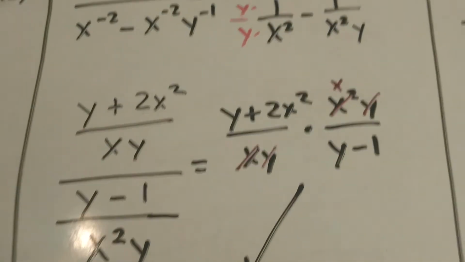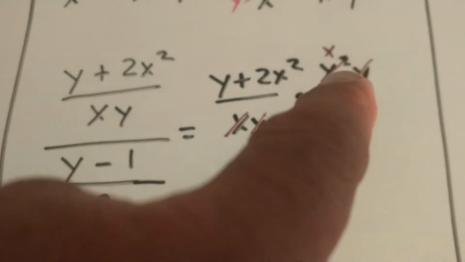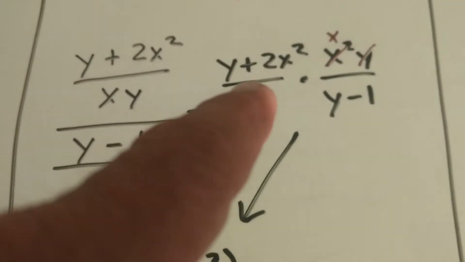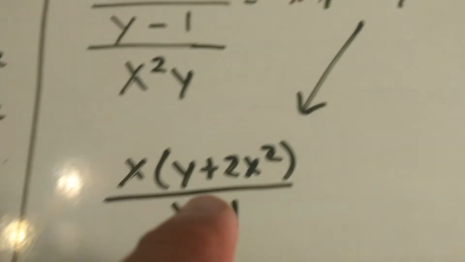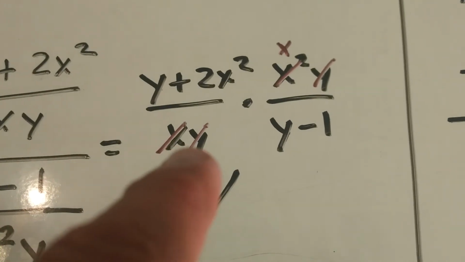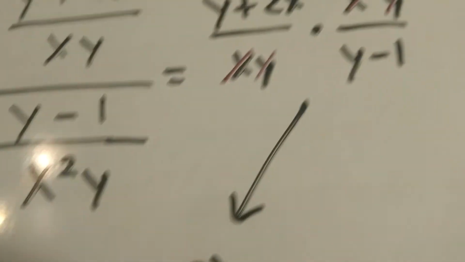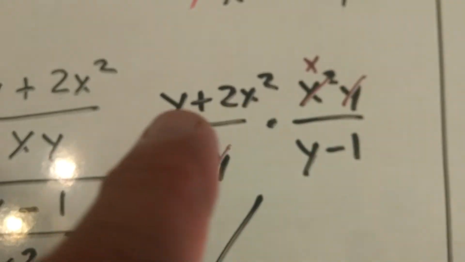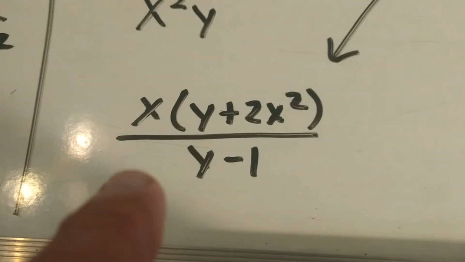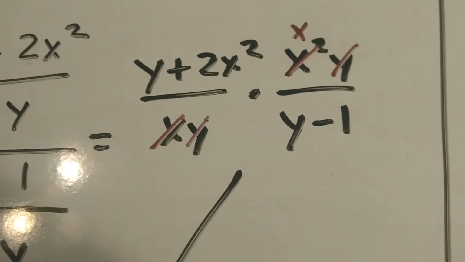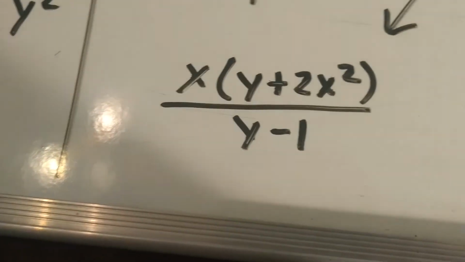Okay? So what I have on top is x times y plus 2x squared. This is 1 times y minus 1, so I get y minus 1. And once again, I get x times y plus 2x squared, and all I have left on the bottom is y minus 1.